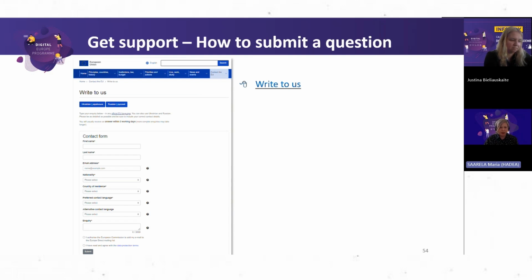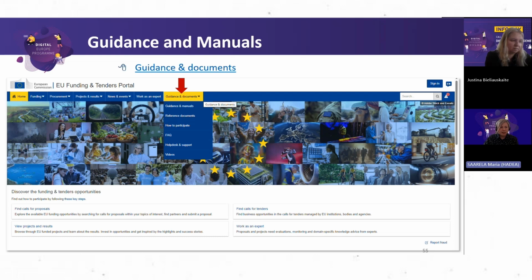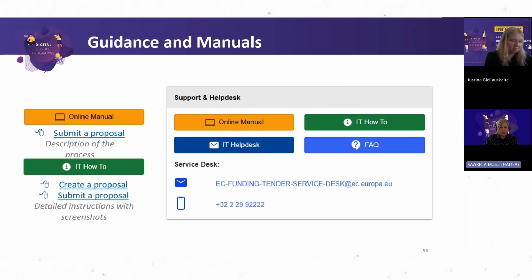This is the Write to Us form, which opens from this Get Support section. Next slide, please. Then on the Funding and Tenders portal landing page, in the menu Guidance and Documents, next slide, please. You can find links to the online manual and IT how-to, as well as the IT help desk.